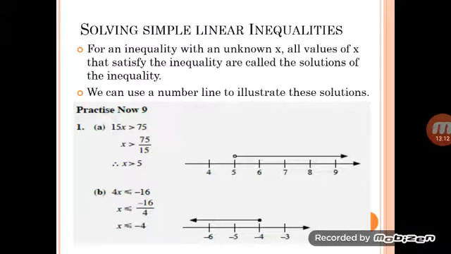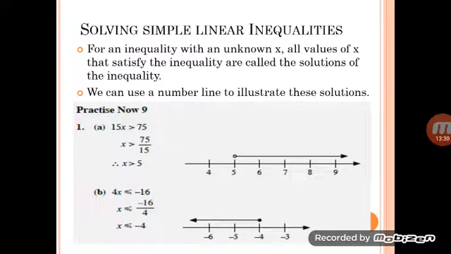When we have an answer like x is greater than or equal to 5, then we will fill this circle. That is given in the next part. You can see that 4x is less than or equal to minus 16. After solving it algebraically, we can see that x is less than or equal to minus 4.